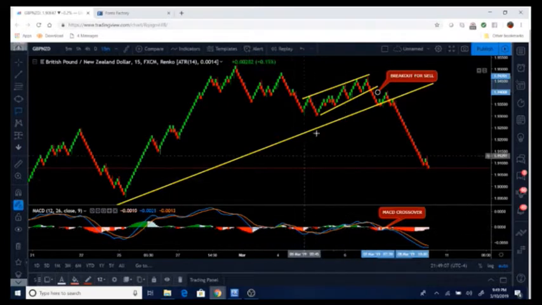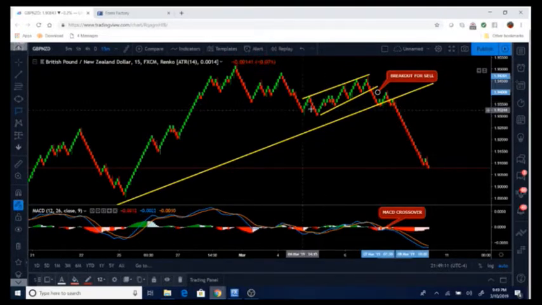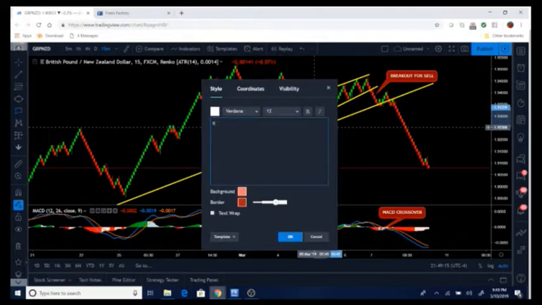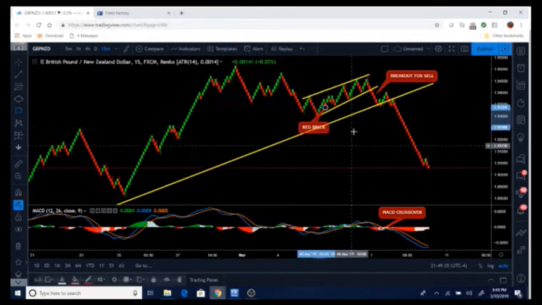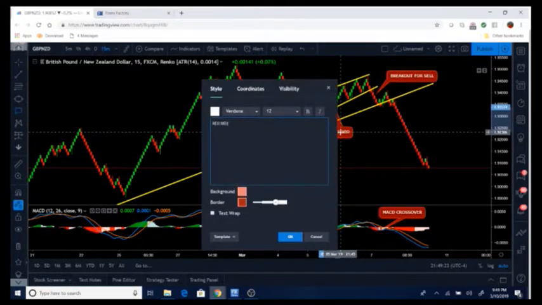So, for example, you see here, you see all these red bricks right here, red brick here, red brick here, red brick here, right?